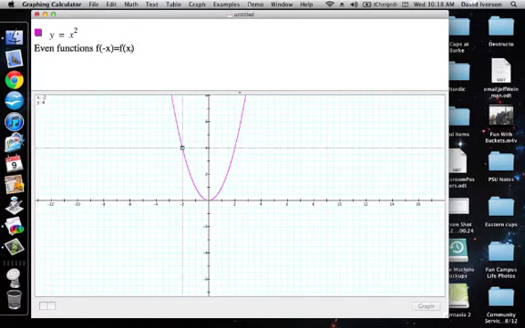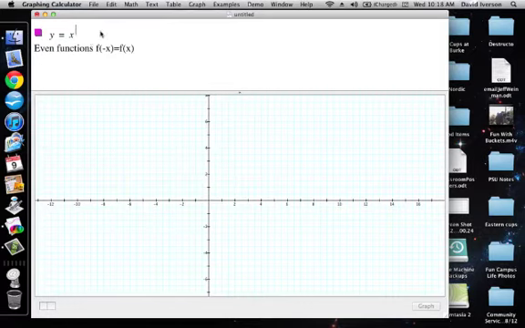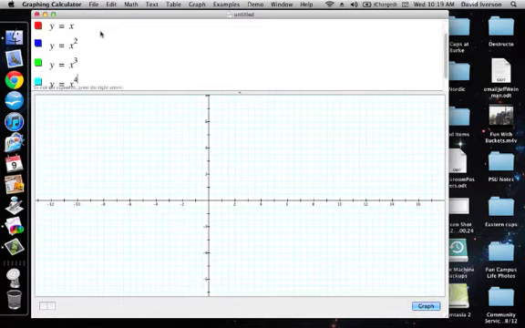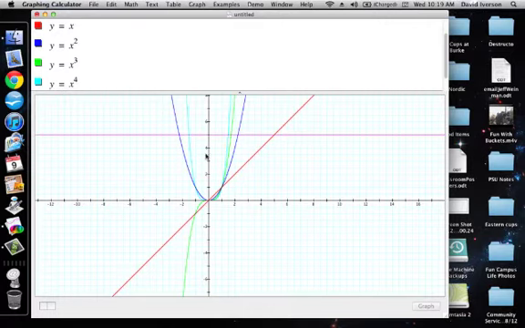So f of x equals f of negative x for even functions. And so then if I do a whole bunch of them, I do y equals 5, then y equals x, y equals x squared, y equals x cubed, y equals x to the 4th, and I got a whole bunch of them there.